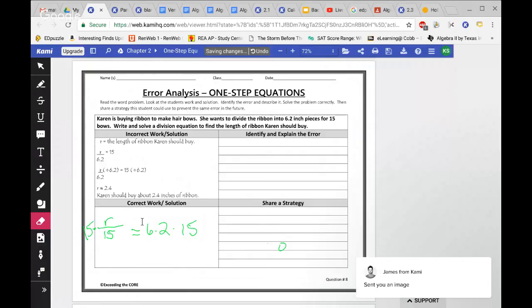So what we would do to identify and explain the error: she set the problem up incorrectly.